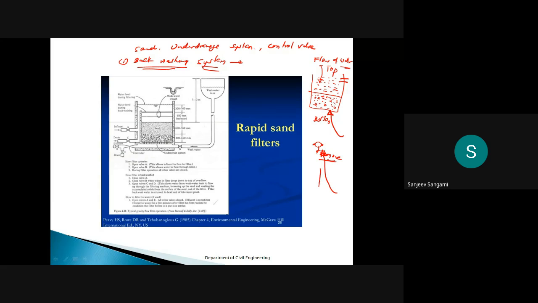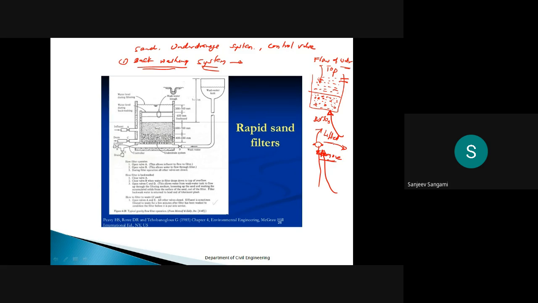Once you push the water from the bottom, the bed is going to be disturbed and lifted, and it will be taken away in another channel. Thereby, by doing backwashing, we are going to remove the clogged particles from the sand bed. So that is the advantage of this rapid sand filtration process.